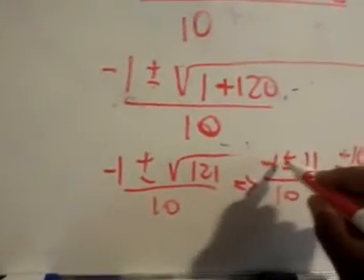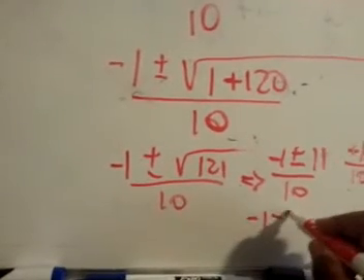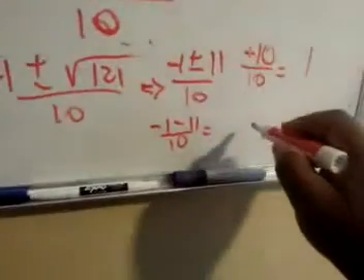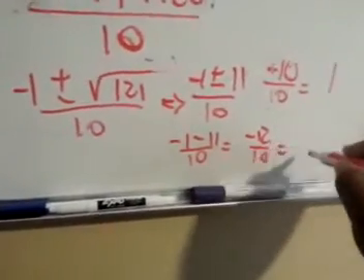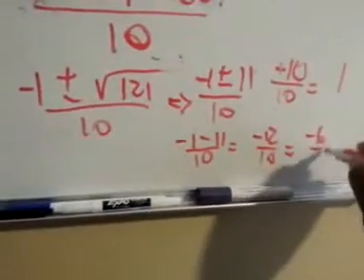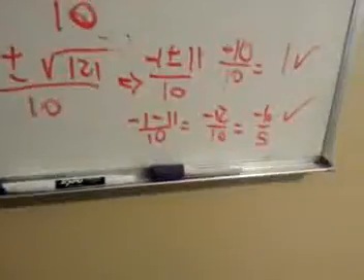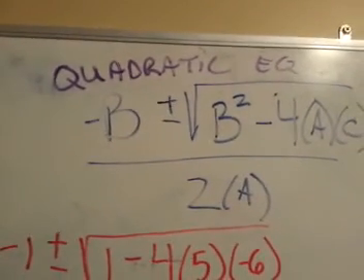Now we'll say negative 1 minus 11 over 10. That's going to equal negative 12 over 10, and if you simplify that, negative 6 over 5. Voila. All done by the quadratic equation, 10 minutes, 30 something seconds.